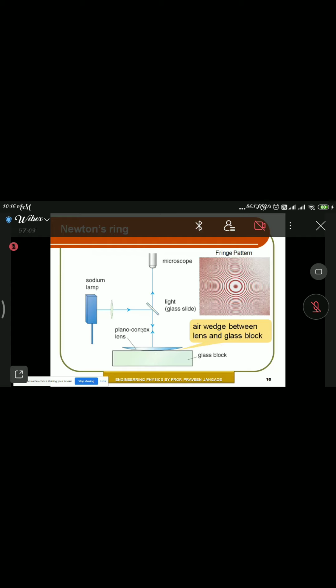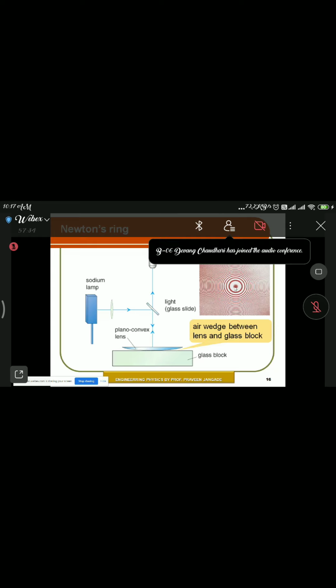At the point of contact, the thickness is 0 as well as the amplitude is 0. If the amplitude becomes 0 at the point of contact, it satisfies the condition of destructive interference. Therefore your central spot appears dark. It is a broader one because the point of contact is a larger area, so it is a broader spot.